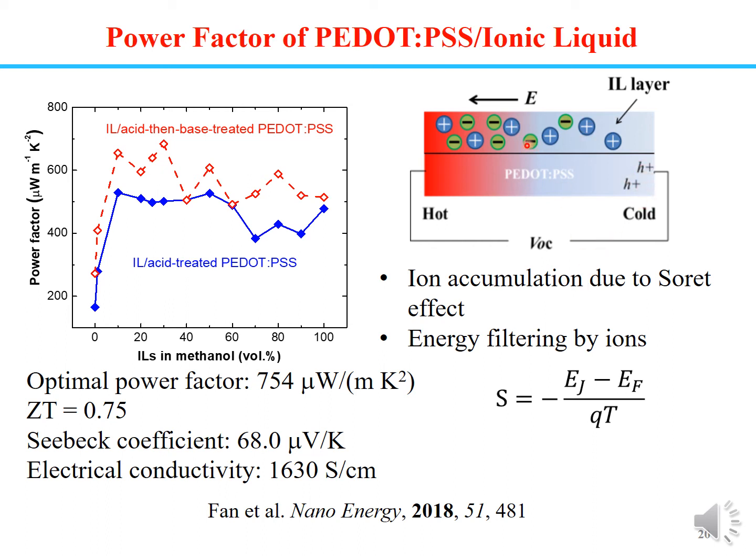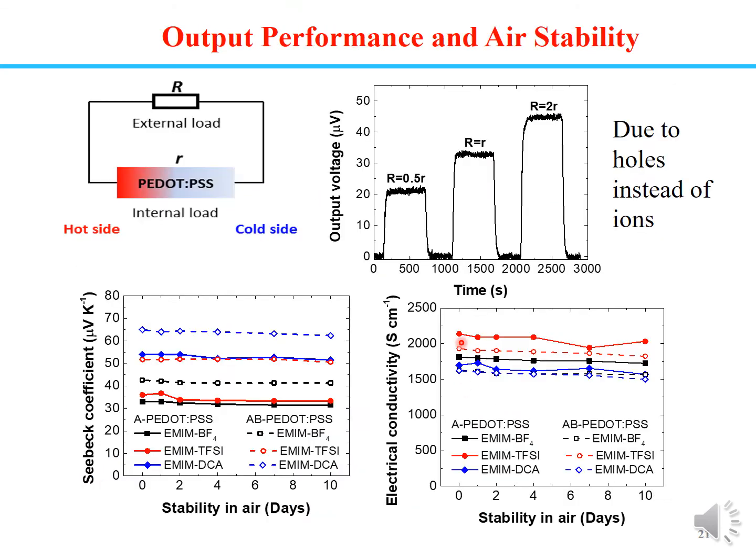The ions in the ionogel layer also accumulate. The cations accumulate at the cold side as well. The cations can block the holes with low energy so that it increases the mean energy of the accumulated holes at the cold side. Thus, this increases the Seebeck coefficient of PEDOT:PSS.